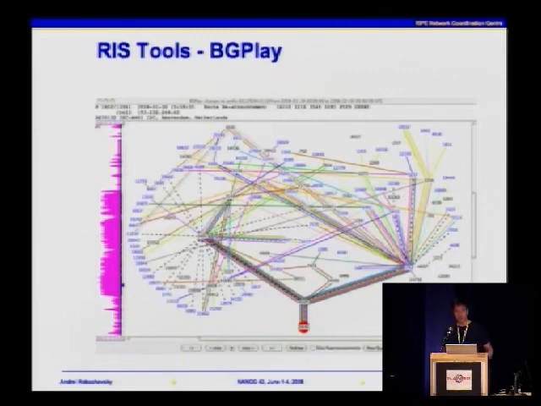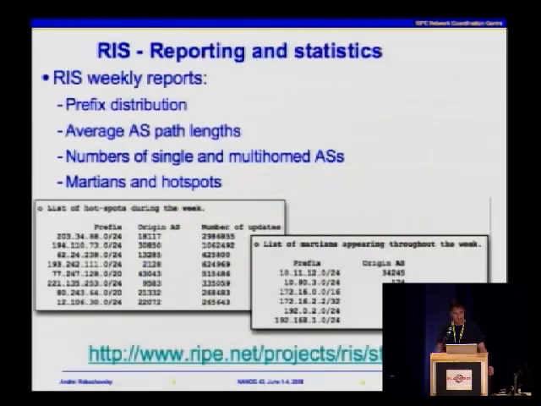A nice tool that visualizes BGP activity is called BGPlay, which is developed by Roma Tre University and is hosted on our website, also using RIS data. And of course, we produce several reports that are similar to those produced by other projects like Route Views, and they're available from our site as statistics.